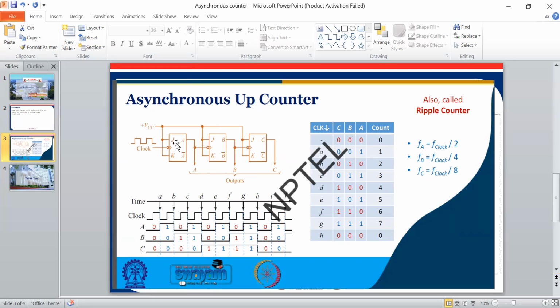Here we can see JK flip-flop is used and the inputs J and K of all the flip-flops are connected to plus VCC. It means J and K have value 1. So all the 3 JK flip-flops are acting as toggle flip-flops.